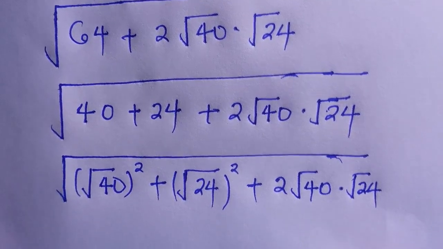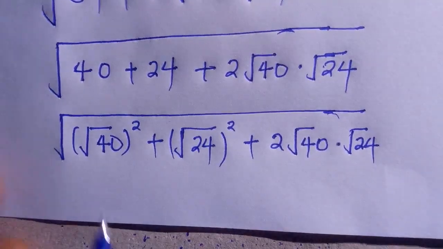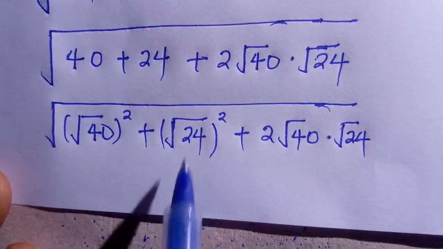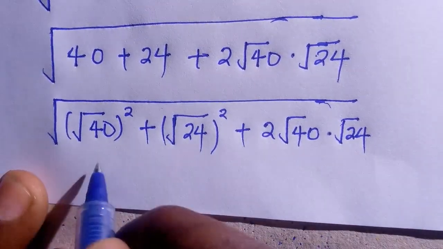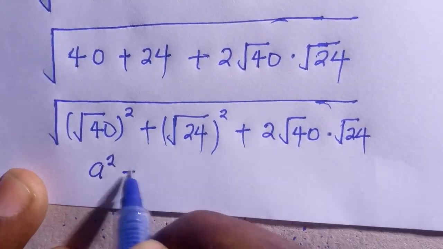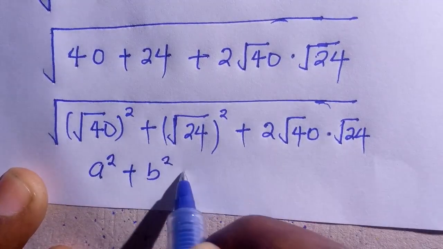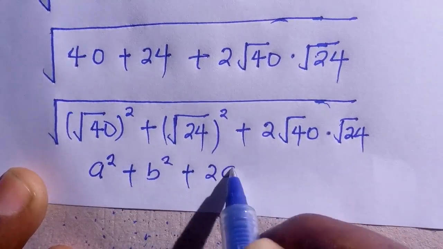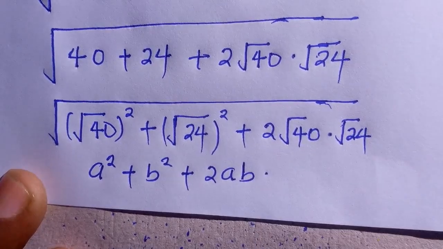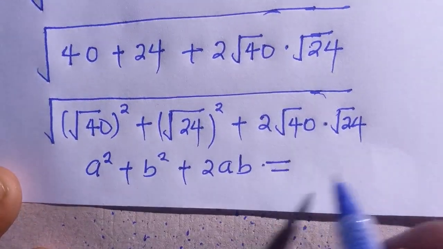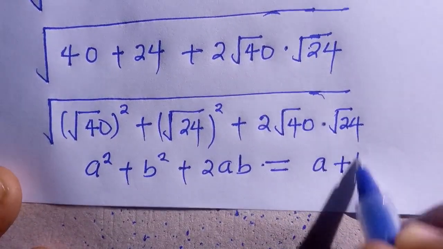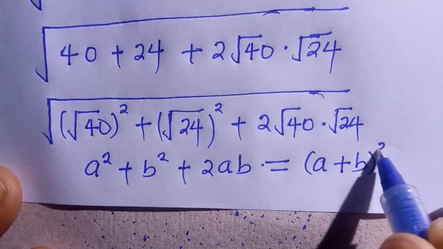But looking at this one, if I let this root 40 be A and root 24 be B, which means we can have this as A squared plus B squared plus 2AB, which is equivalent to A plus B raised to the power of 2.